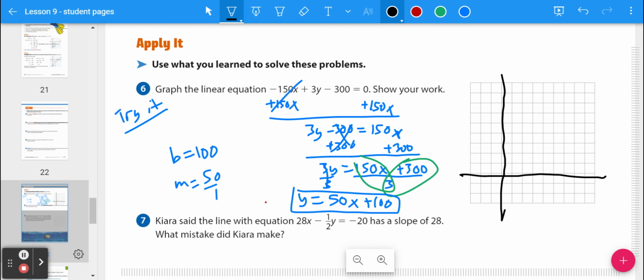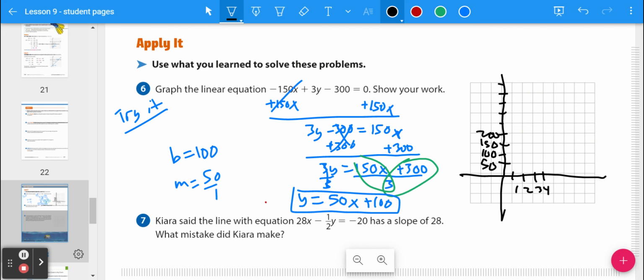So I could go up by 50s, I could go by 10s. I'm just going to go up by 50s. 50, 100, 150, 200, and so on. And on this side, I'm going to go up by 1s because I can.